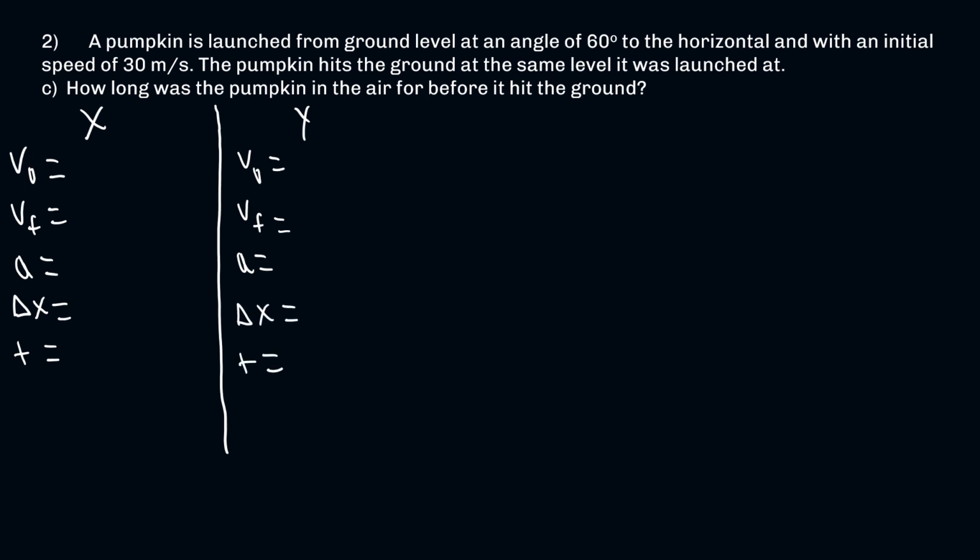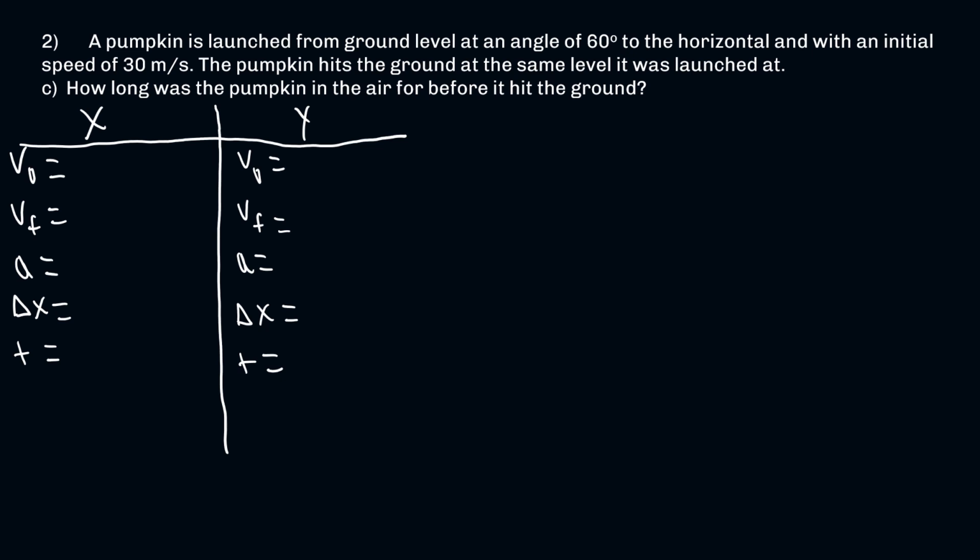Now we're going to plug in what we have on both sides and then look for an equation that is relevant. In the x direction, we use our initial velocity. We have a velocity at an angle, so we're going to break this up into x and y components. That is straight from the dynamics fact sheet.